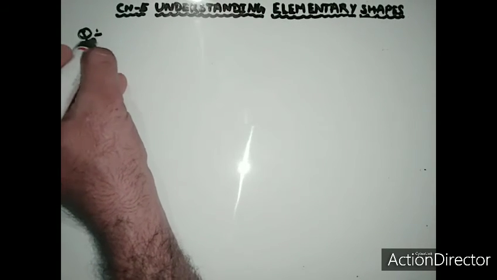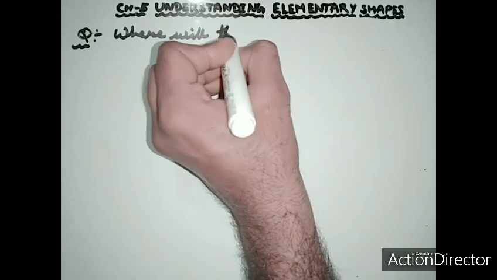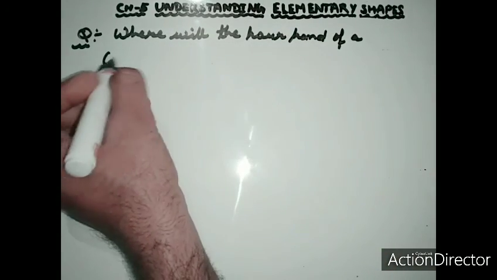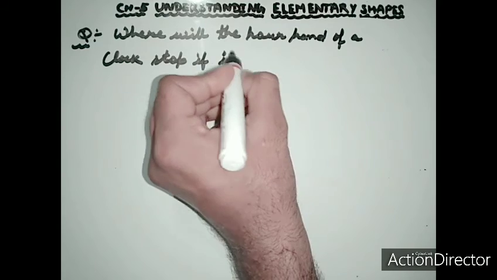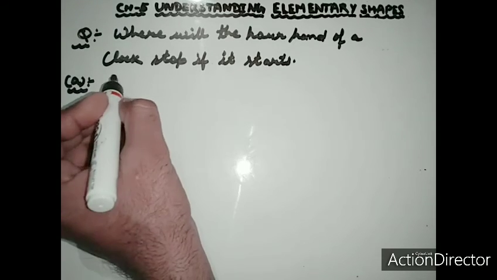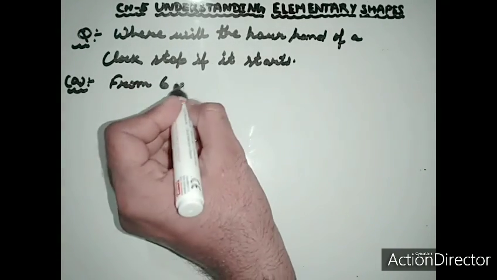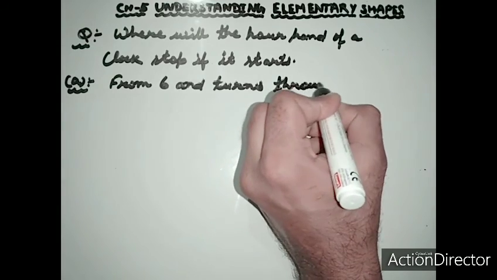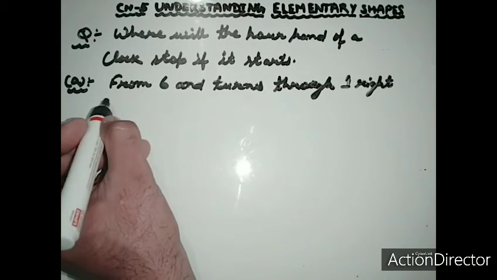Here we solve another question. Where will the hour hand of a clock stop if it starts from 6 and turns through 1 right angle?